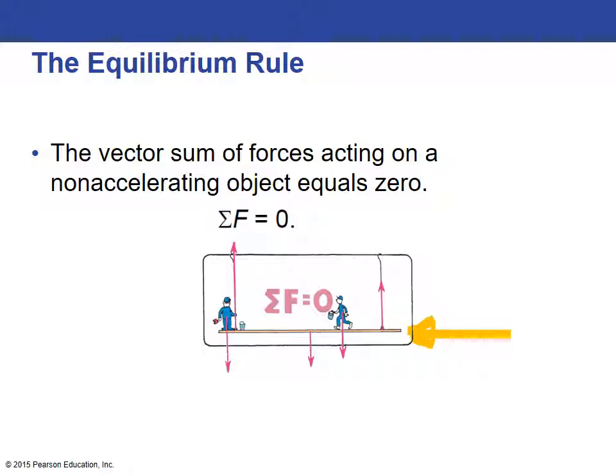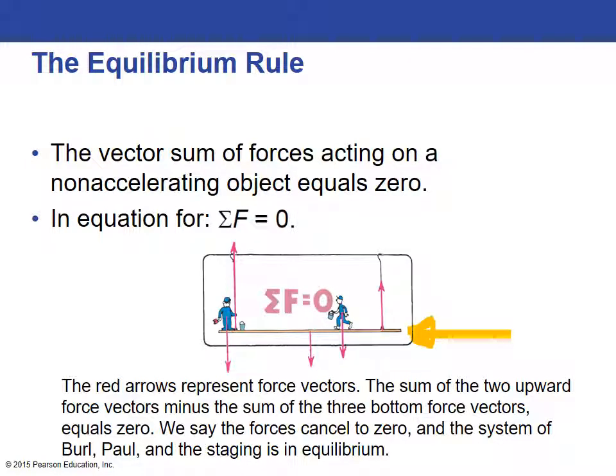Okay? And here's the same thing that I've just been saying. The red arrows are the force vectors. The magnitude of the 2 upward are exactly equal to the magnitude of the 3 downward. The 3 downward is the gravity from the 2 painters and the mass of the scaffolding itself.